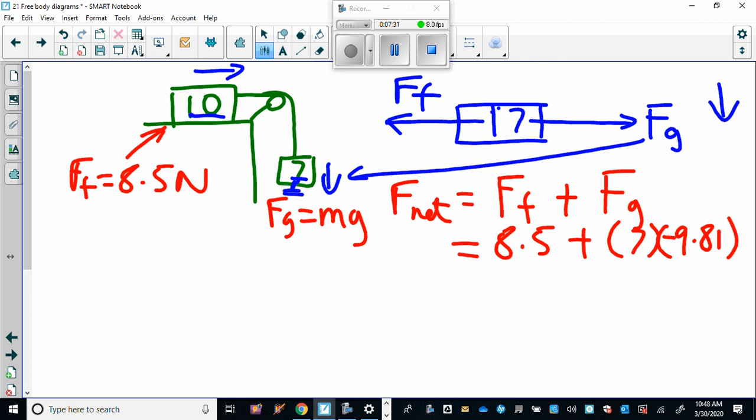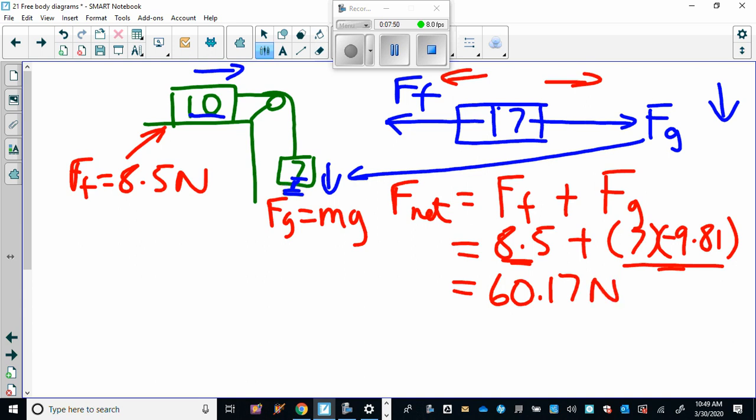Again, we have to be careful: if this value here is positive, then this value must be negative because they're going in opposite directions. So you put all that into your calculator and you should end up getting a net force of 60.17 newtons.